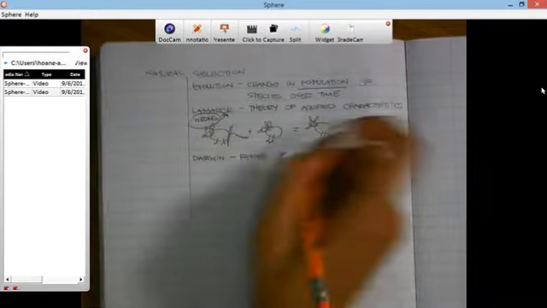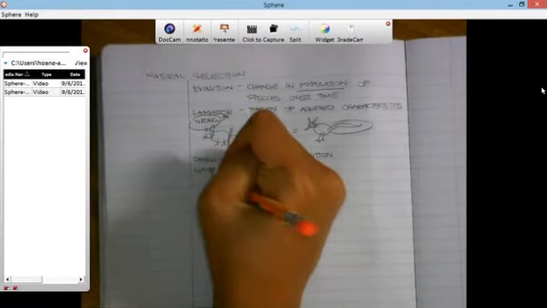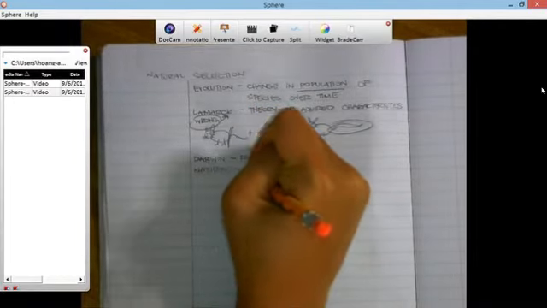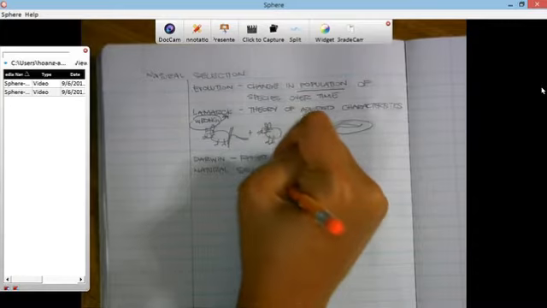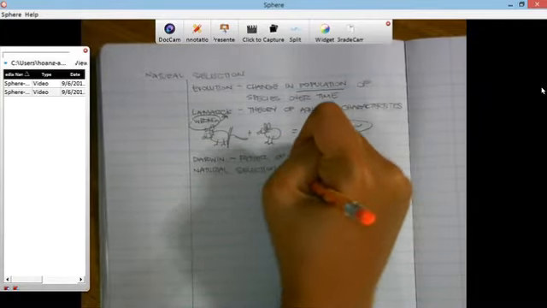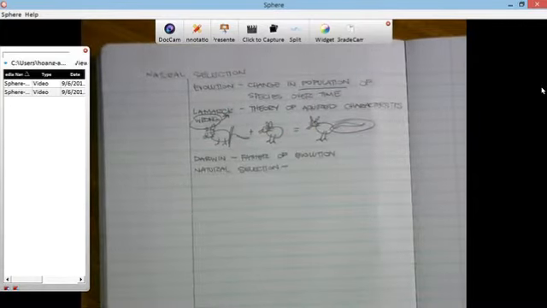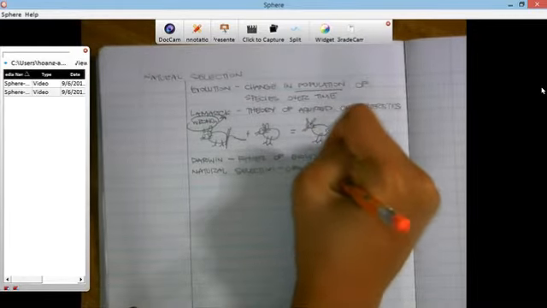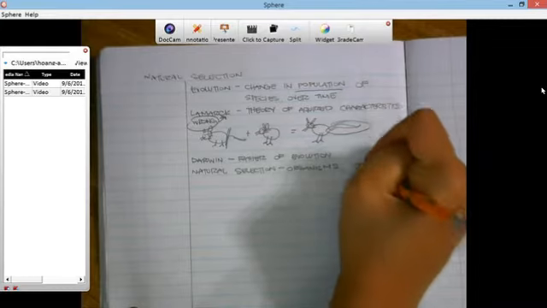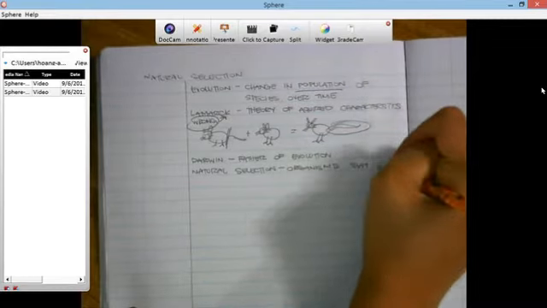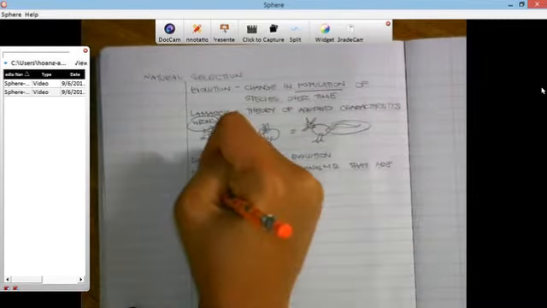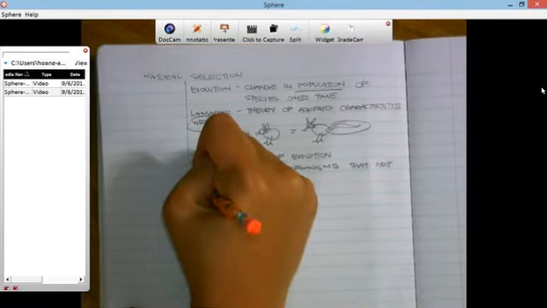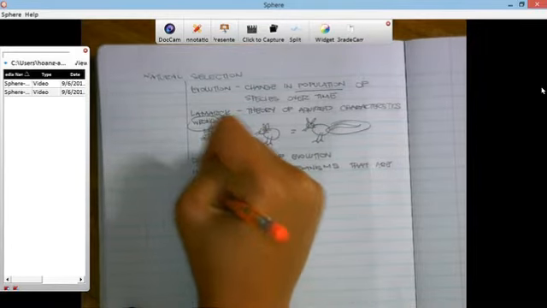So natural selection is when organisms who are best fit for their environment are most likely to survive, reproduce, and pass on their genes. So organisms that are best fit. Best fit in our case means that they can survive in the environment that they live in.